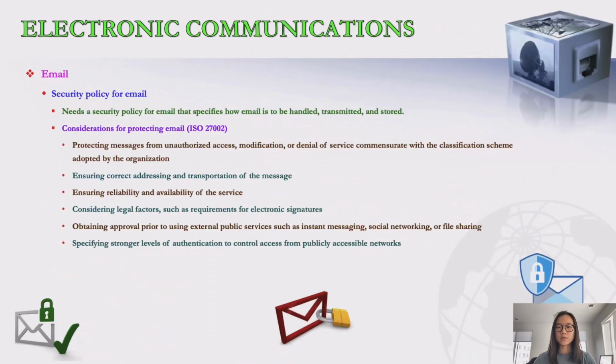In addition to an acceptable use policy, an organization needs a security policy for email that specifies how email is being handled, transmitted, and stored. The ISO 27000 series Code of Practice for Information Security Controls includes the following considerations for protecting email.